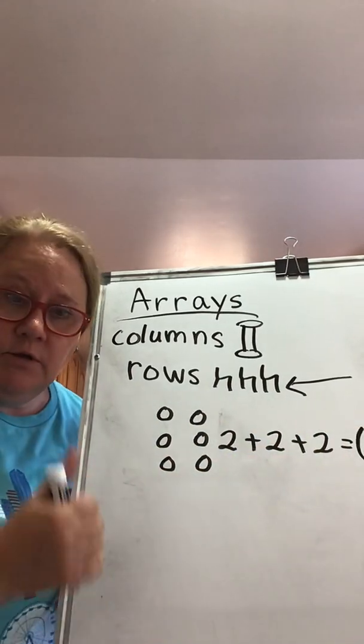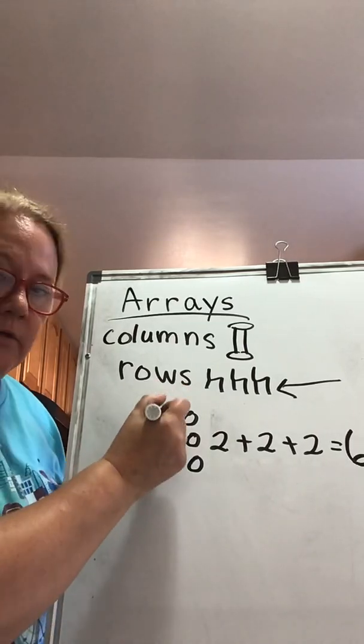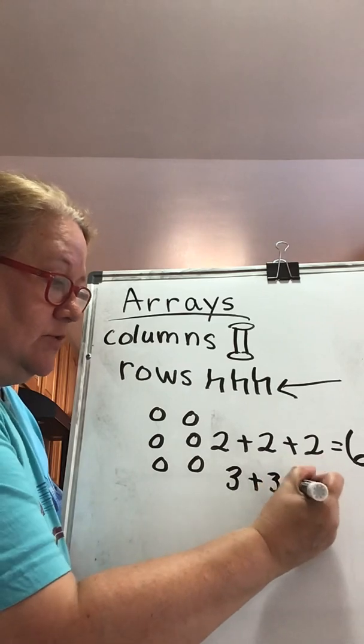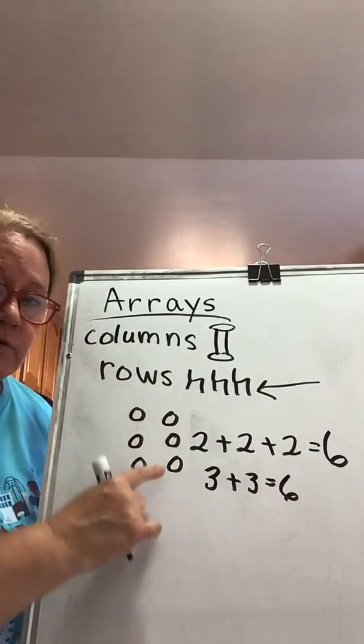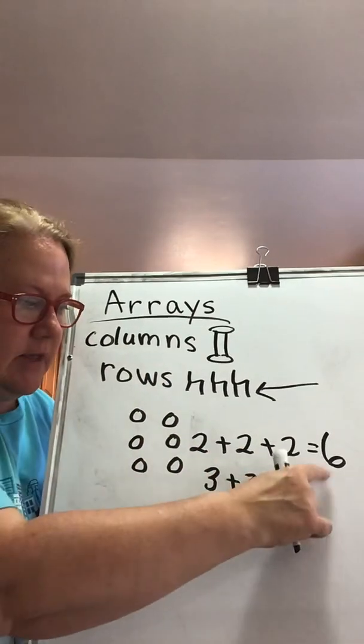Do you agree? 2, 4, 6. Or I could count it this way: 3 plus 3 equals 6. If you do repeated addition for your rows or for your columns, it will be the same answer.